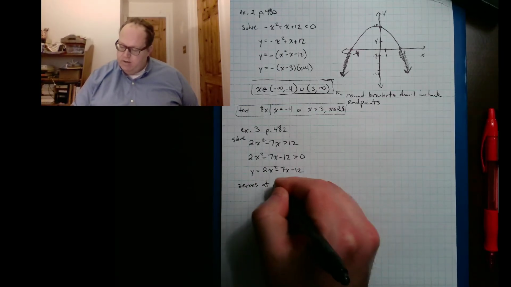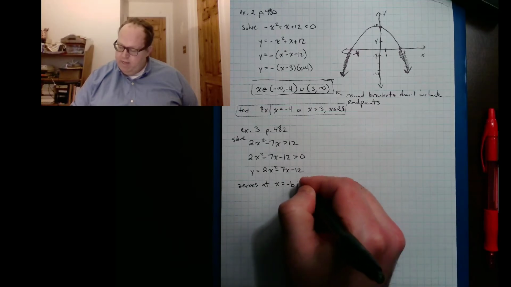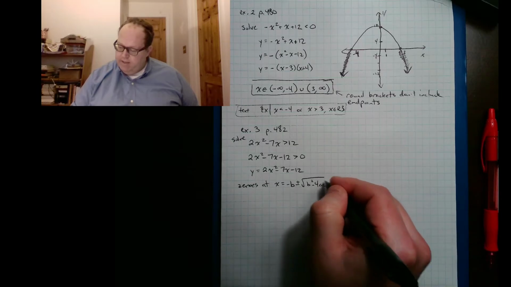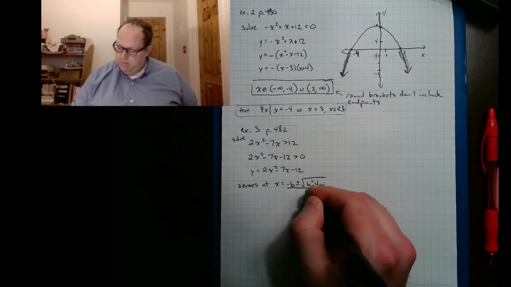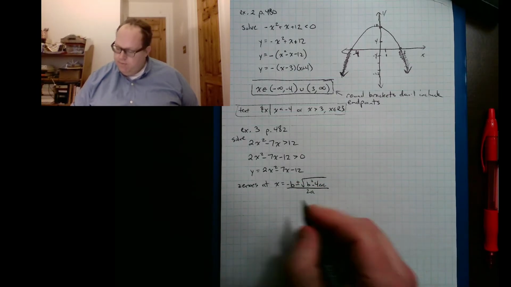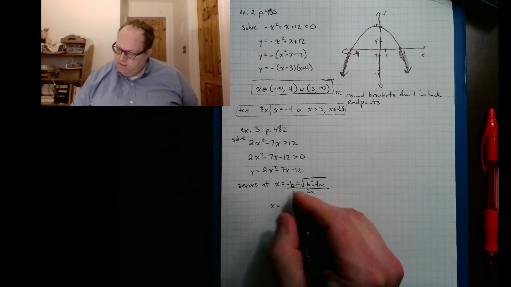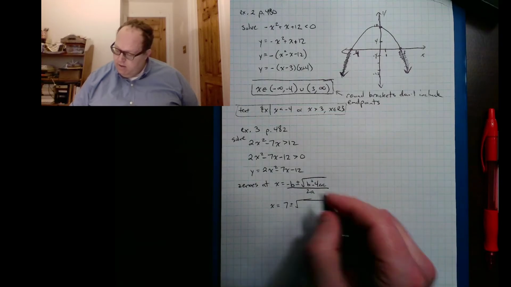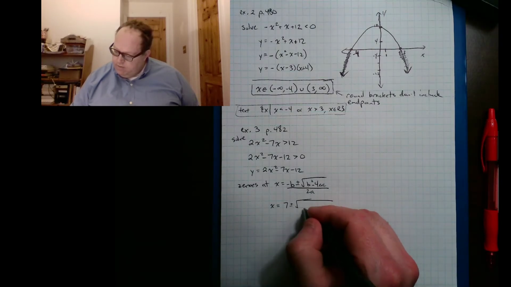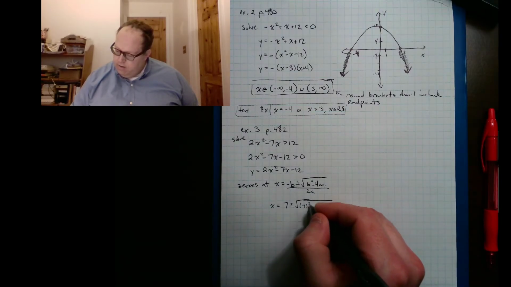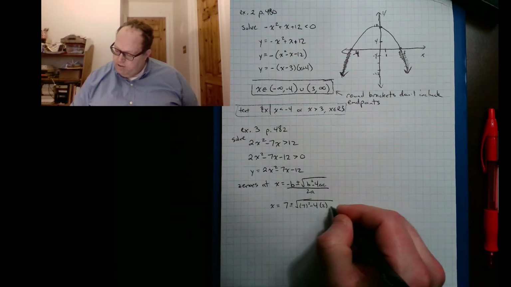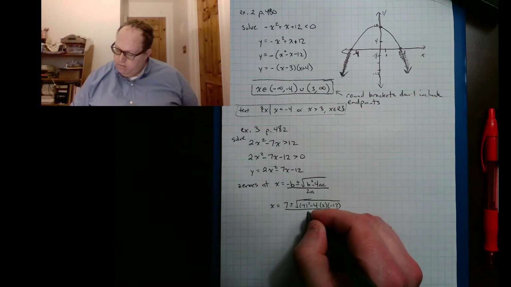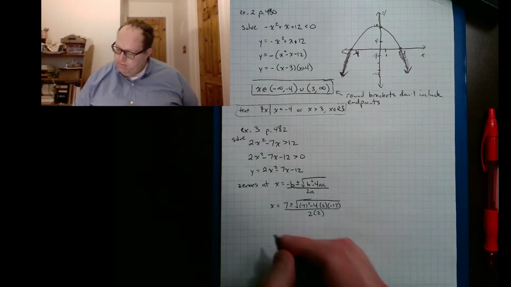This does not factor nicely, so I end up at the quadratic formula. Zeros at x equals negative b plus or minus the square root of b squared minus 4ac all over 2a. And that's 7 plus or minus the square root of 7 squared minus 4 times 2 times negative 12, all over 2 times 2.